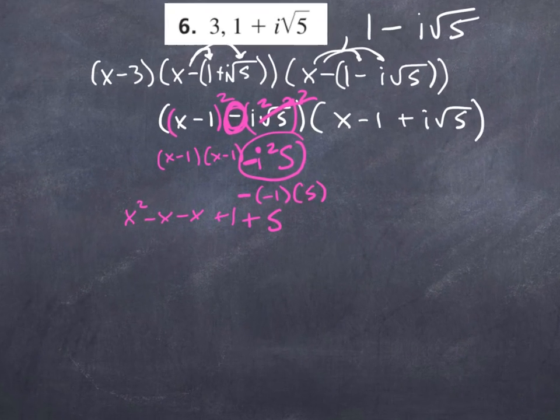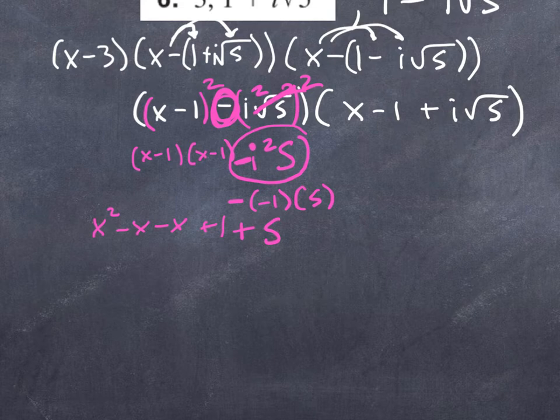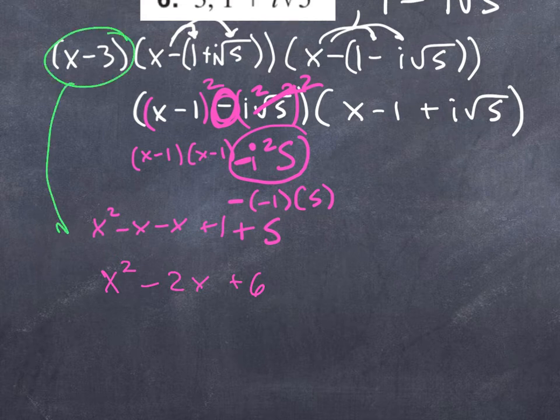What do we do next? Combine like terms. So x squared minus 2x plus 6. What's next? Multiply by x minus 3.